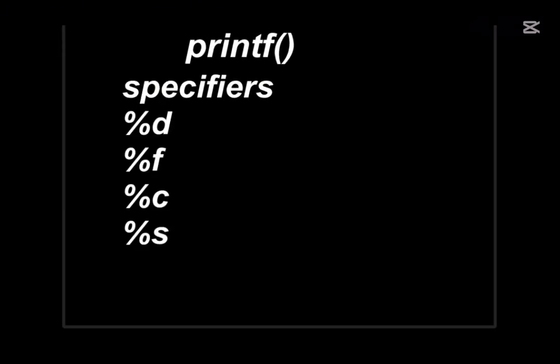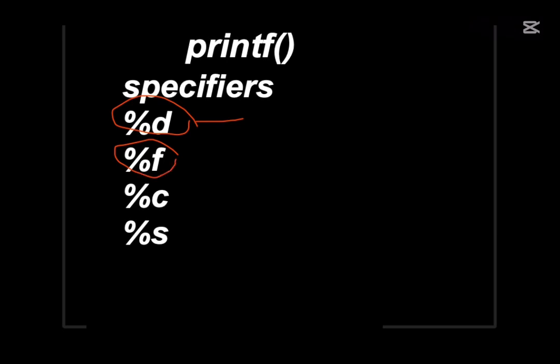Here, if we're trying to display an integer variable, we use this. If you're trying to display floats, we use this for float, and if it is a character, we use this for character, and this one is for a string. What I mean by strings is an array of characters.